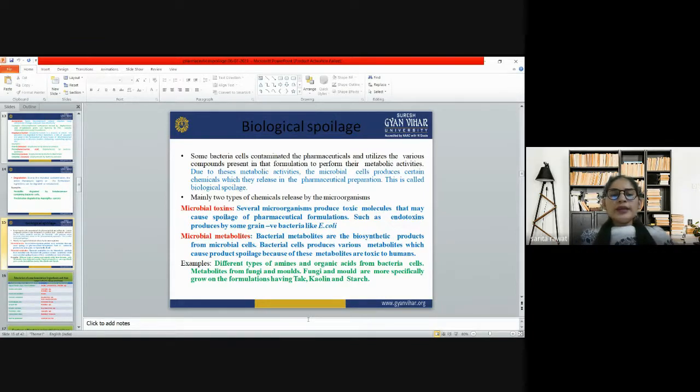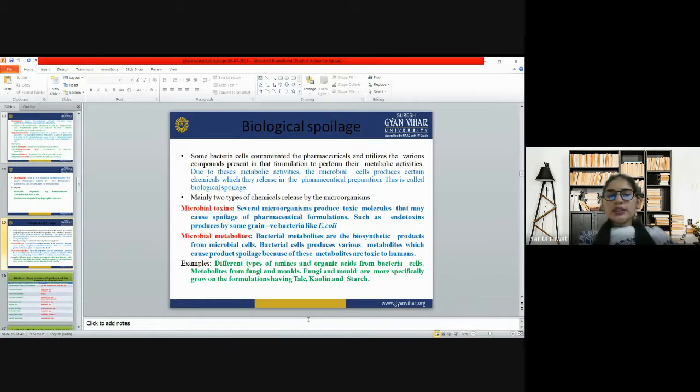Next, microbial metabolites. Bacterial metabolites are the biosynthetic products from the microbial cell. Bacterial cells produce various metabolites which cause product spoilage because these metabolites are toxic to humans.